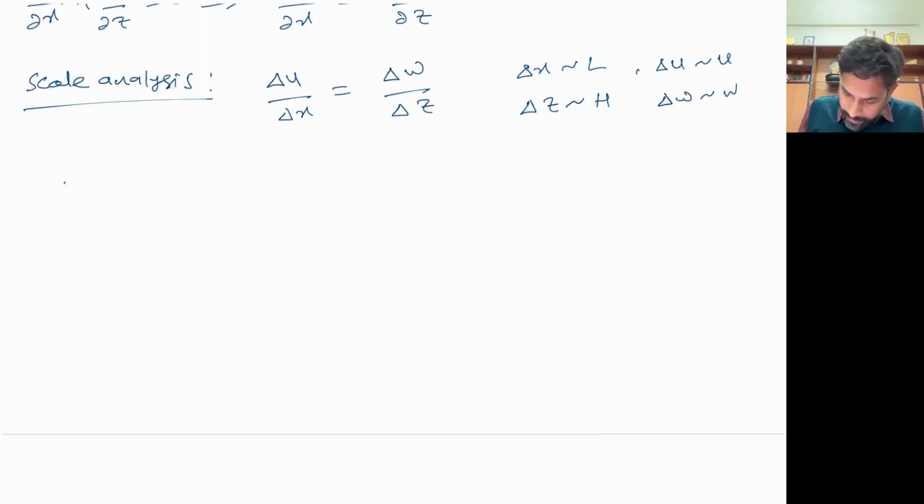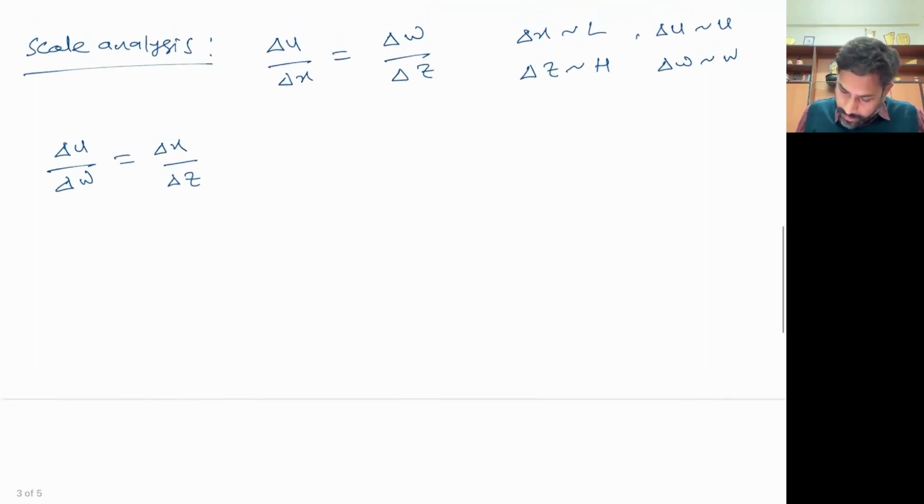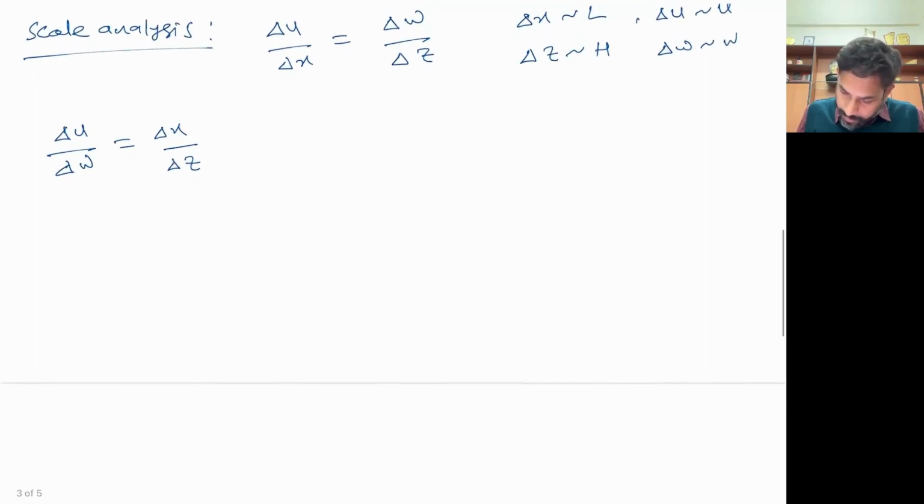delta u by delta w, and that can be written as delta x by delta z. And now by considering the other approximation, we can write delta u by delta w, and that is now equivalent to L by h, right?